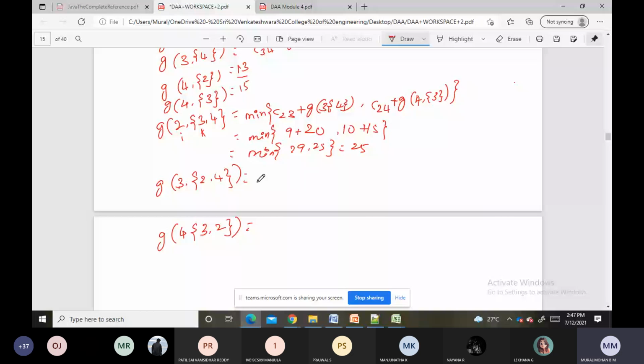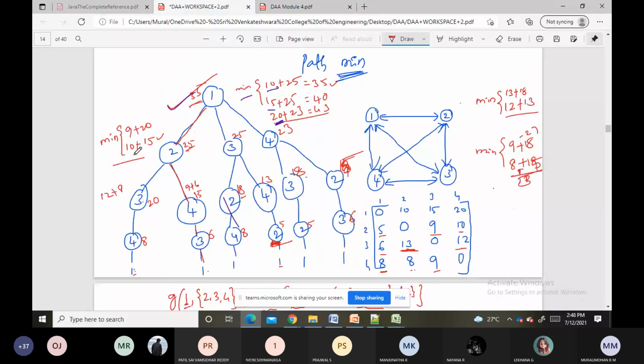What is the answer for this? 23. Very good. So here we are getting 23. Now this level is also finished, right? Now finally you go for this one.